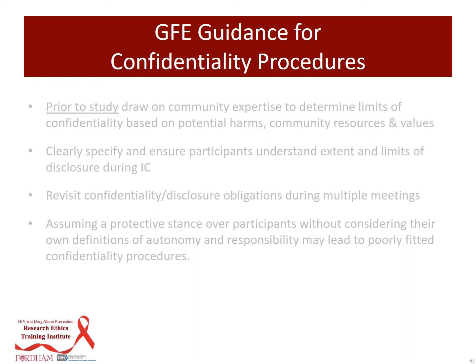Revisit confidentiality disclosure obligations during multiple meetings. This is especially important, as many of you who do continued interviews know, as you were talking about, Derek. And assuming a protective stance over participants without considering their own definitions of autonomy and responsibility may lead to poorly fitted confidentiality procedures. So we may have been overprotective if we decided to disclose.